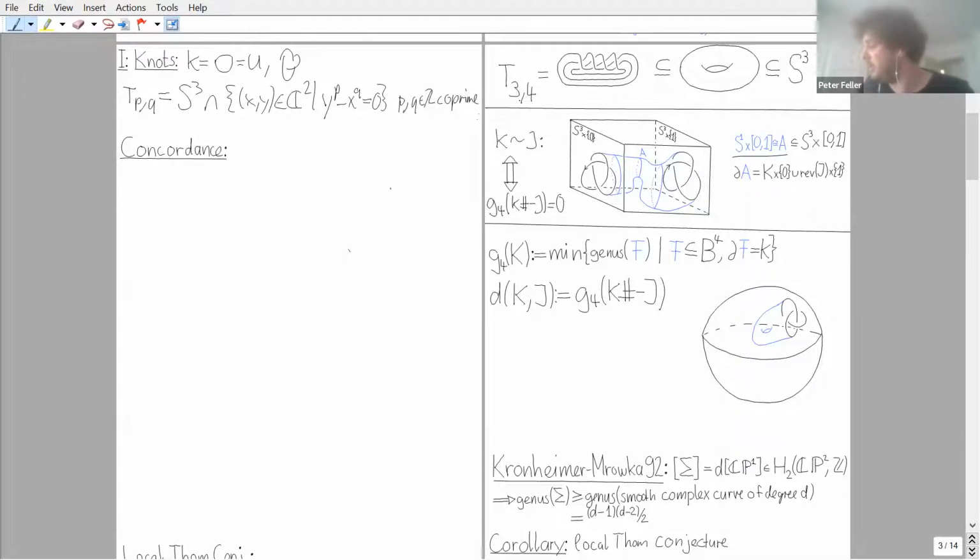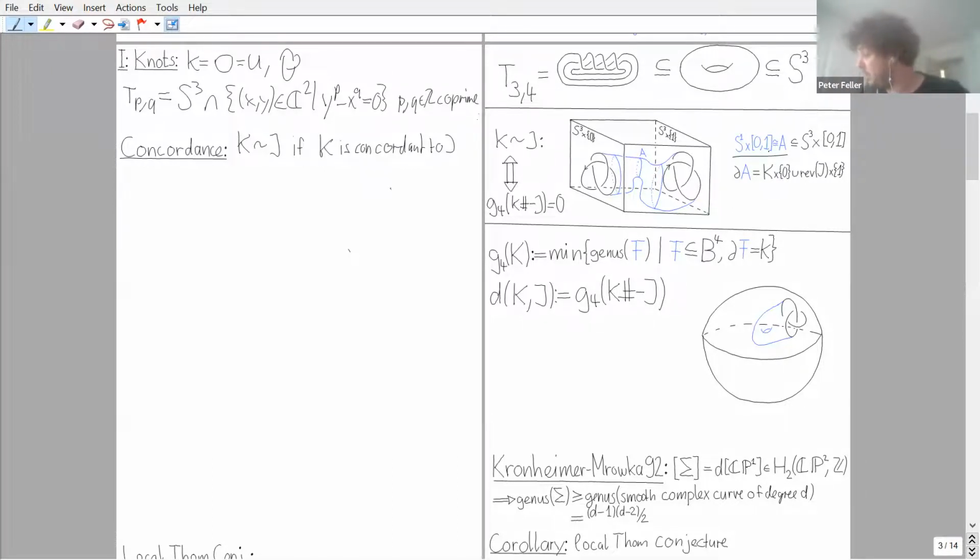Explicitly, they're called torus knots because you can draw them on the most standard S^1 cross S^1 in S^3. I want to think about concordance, which I denote by K is equivalent to J if K is concordant to J. And let me just warn you, all my manifolds are oriented and smooth.